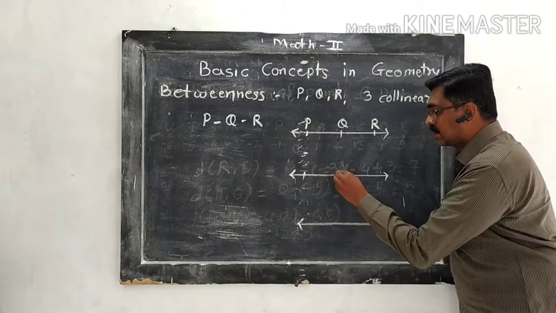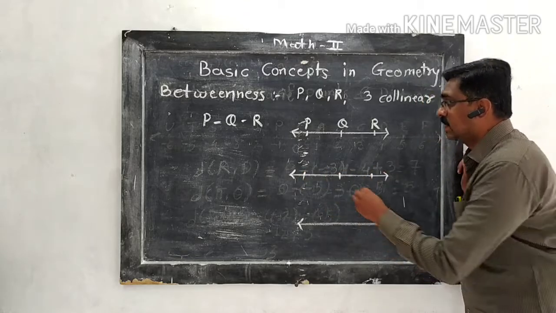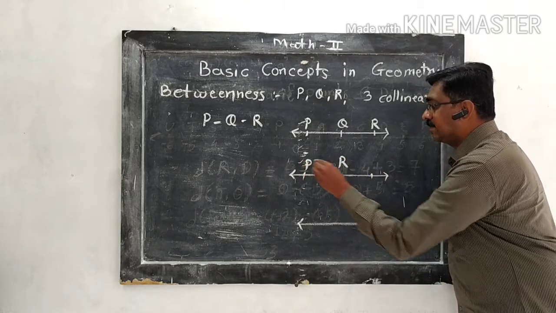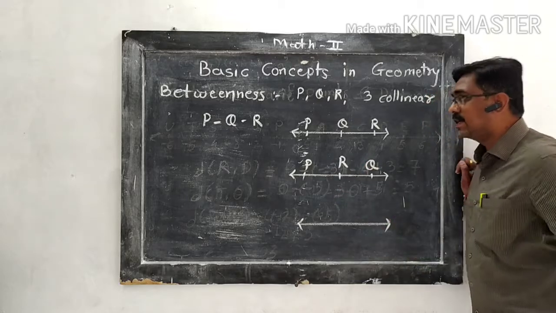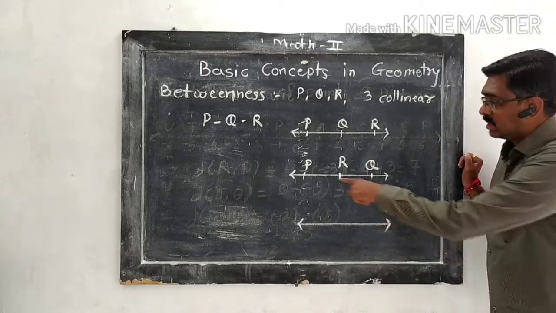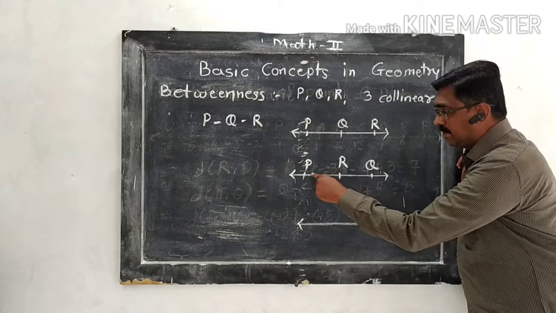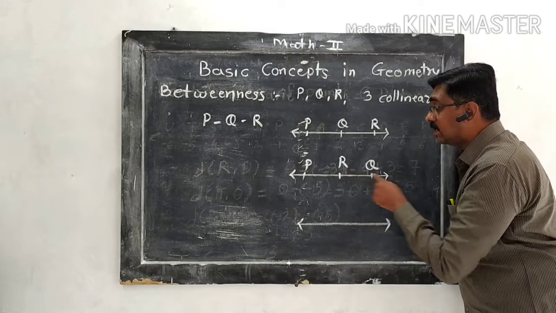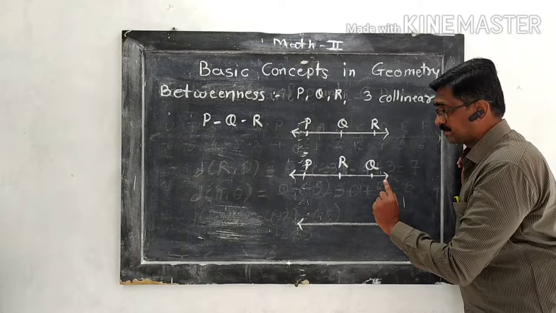Similarly, the second possibility is that R is between P and Q. This is the second possibility, P-R-Q. All these are three collinear points.